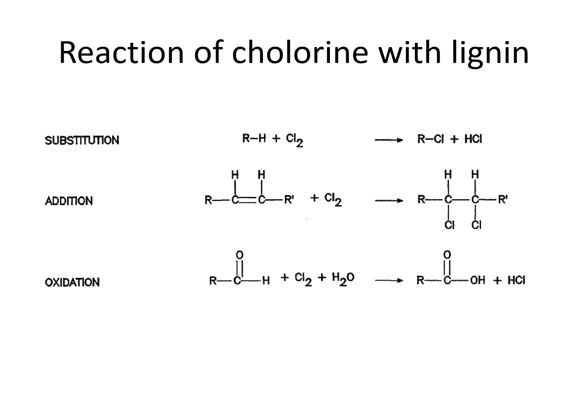In substitution, you can see substitution involves the replacement of hydrogen atoms in the lignin molecule with chlorine, thereby forming one molecule of hydrochloric acid as a byproduct for each molecule of chlorine.